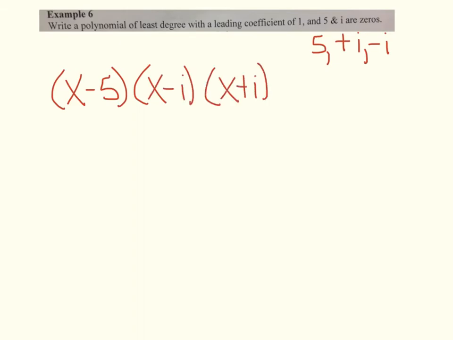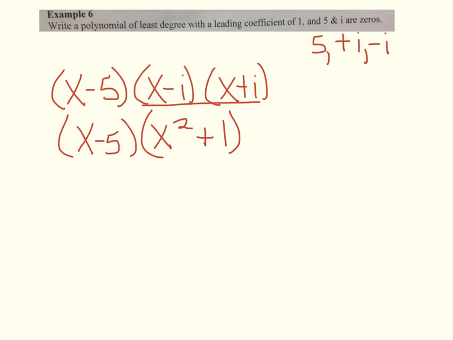And you should remember when you FOIL and multiply your conjugates together, the i's cancel out. We get x squared plus 1, and we're multiplying that by x minus 5. And we end up with x cubed minus 5x squared plus x minus 5 as our polynomial.